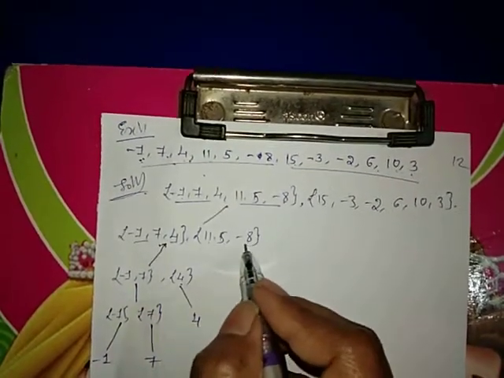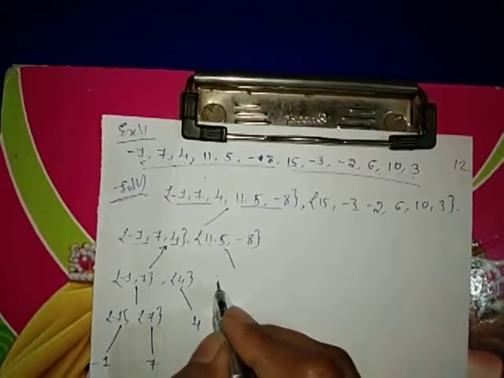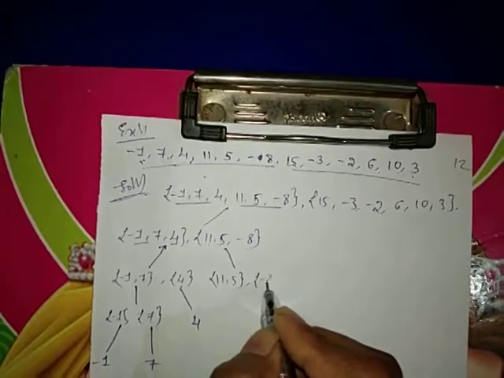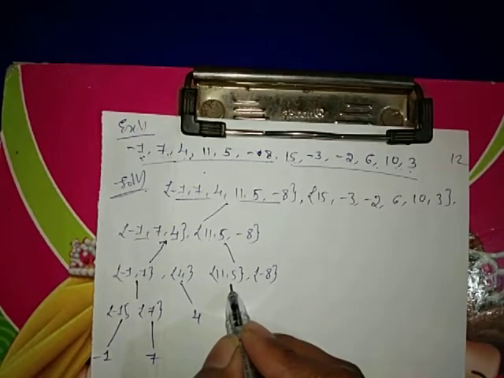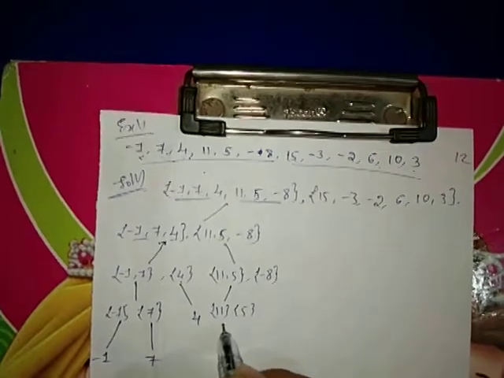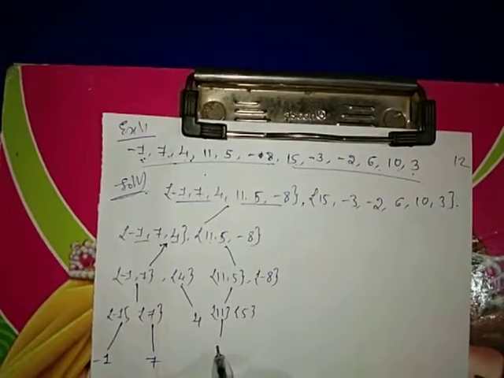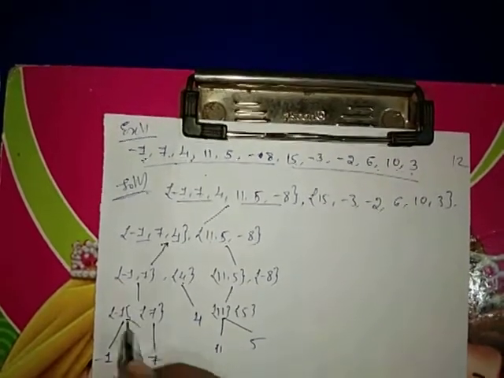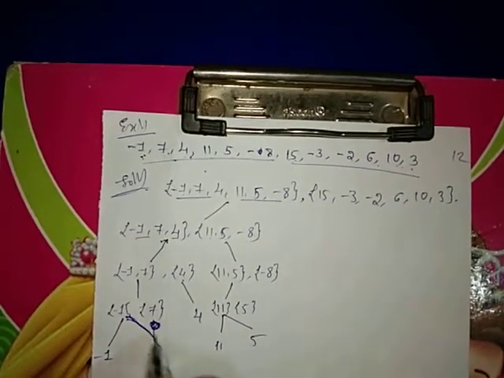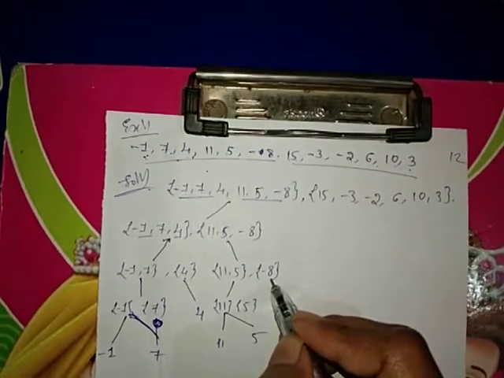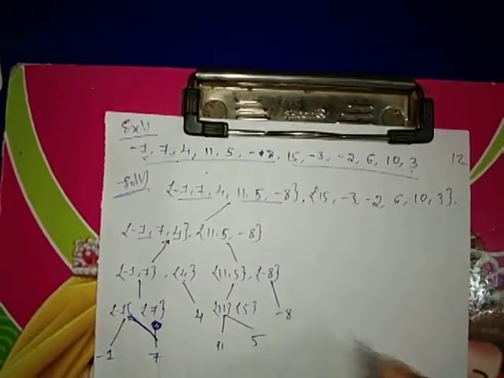Again 11, 5, -8. Split it into 2 parts: 11, 5 and one more, -8. Again here the 2 terms, split it as 11 and 5. 11 is divided as only 11, 5 as only 5, and -8 as only -8.